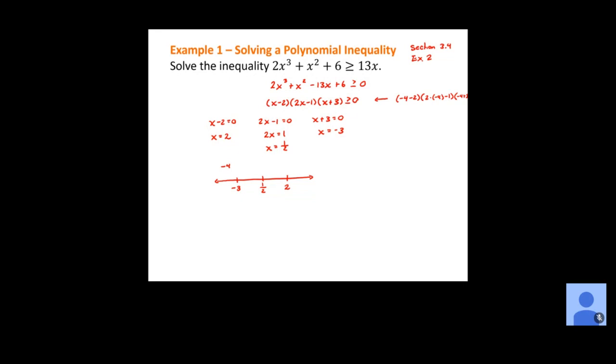Now, all I care about is whether this is positive or negative, so I really only care about the signs here. Negative 4 minus 2, is that going to give us a positive or a negative? It's going to be negative. Then we have 2 times negative 4, which is negative 8, minus 1. That's also going to be negative.